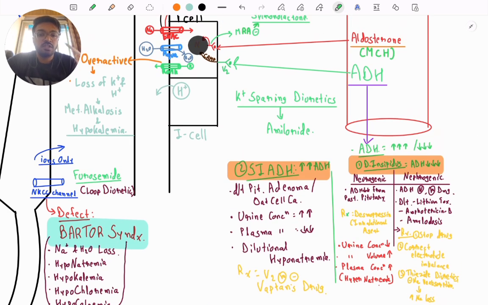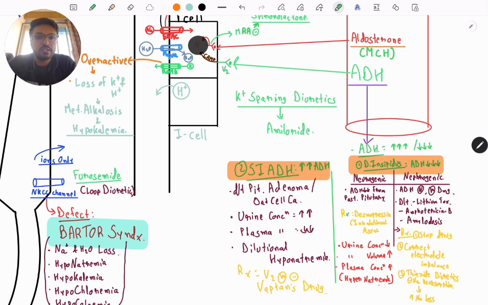As a feedback mechanism, it's going to help our body. That feedback mechanism will stimulate secretion of more ADH. Now this ADH was normal only, but it was the lithium or these drugs which were the culprits here. So when the culprits are not there, then this ADH will be working properly.